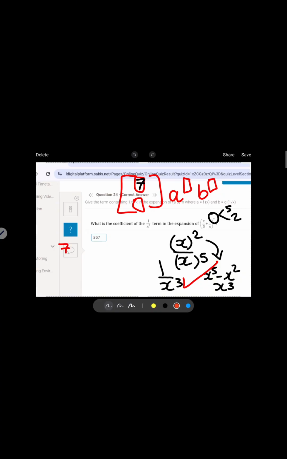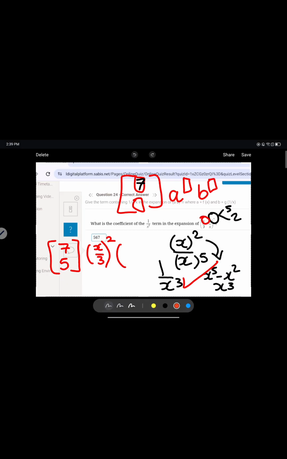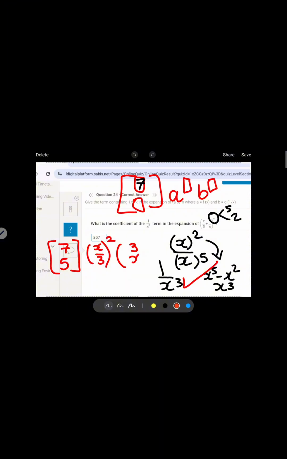Now 7, and then here it's 5 because b is 5, and then a is x over 3 to the power of 2. You're just taking it, here the x was up, so of course the squared. Now 3 over x to the power of 5.